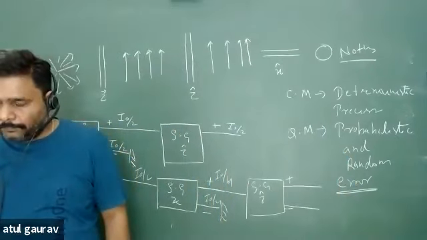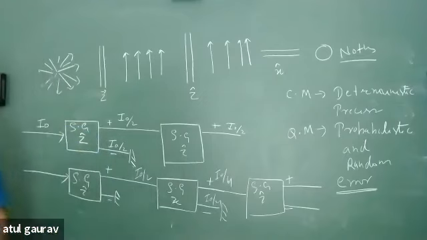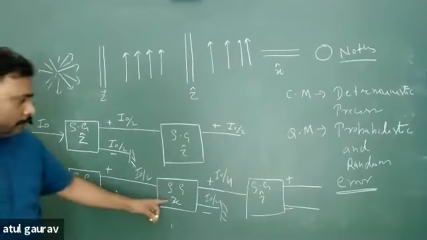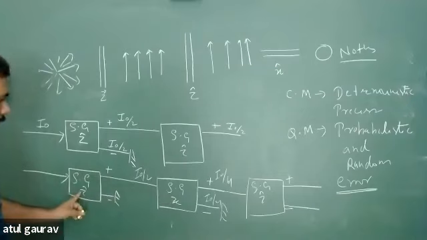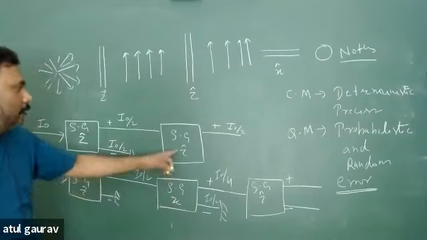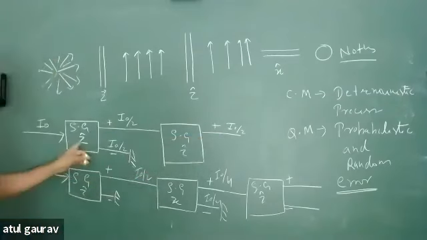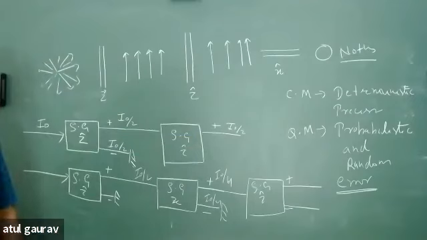Sir, in the second experiment below, if we put SGZ in the second position after the Z, what will we get? After Z, again there is Z. Then it will follow the class.